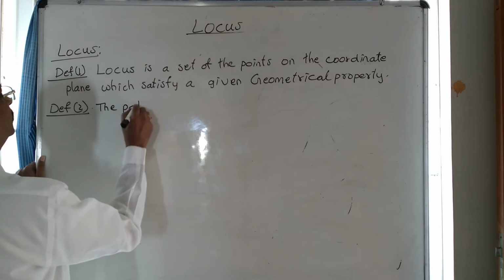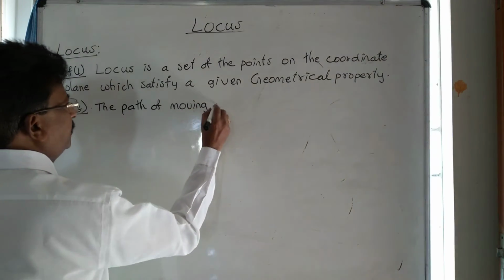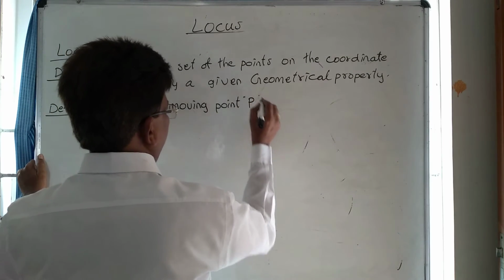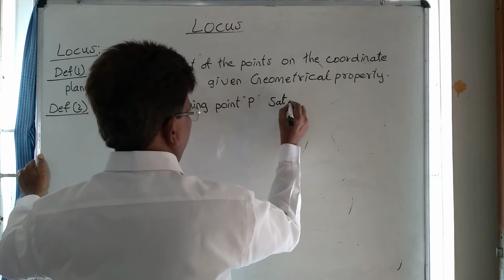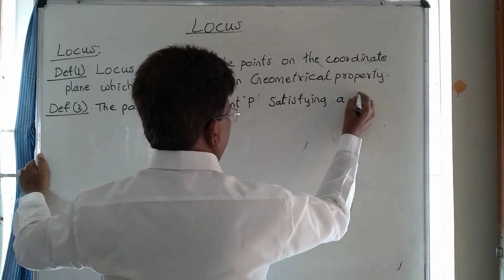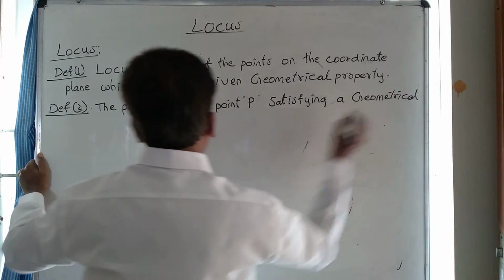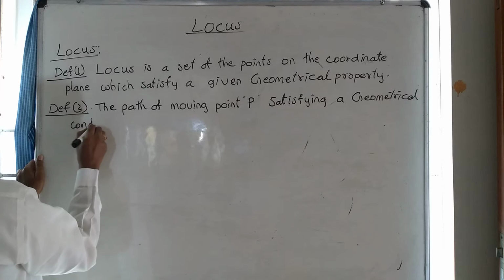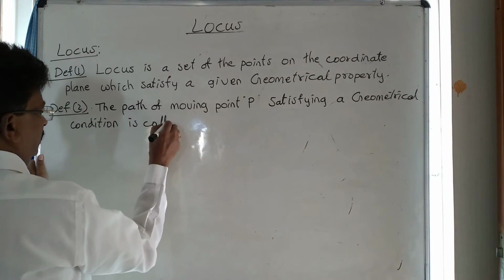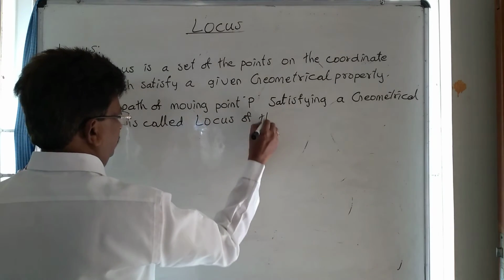The path of the moving point P satisfying a geometrical condition is called the locus of the point P.